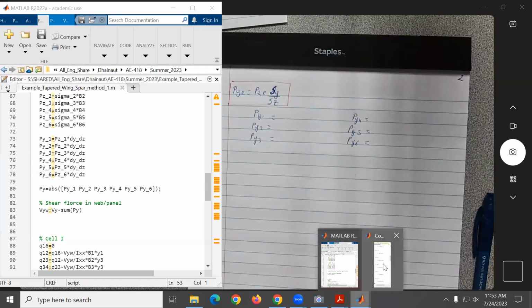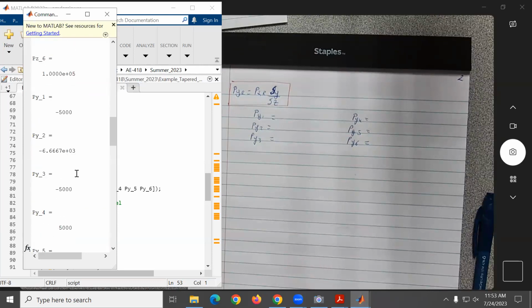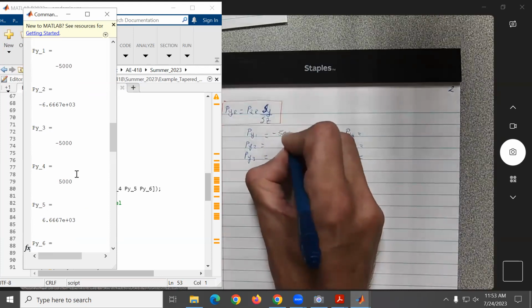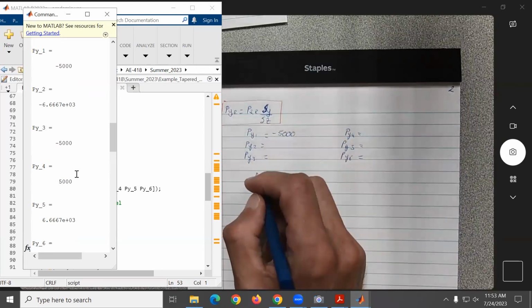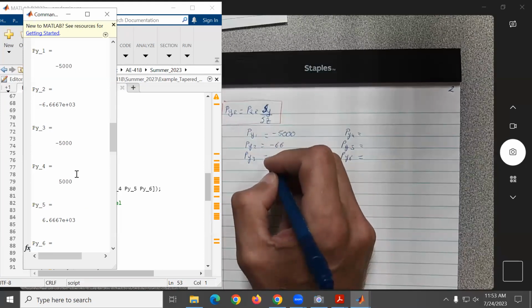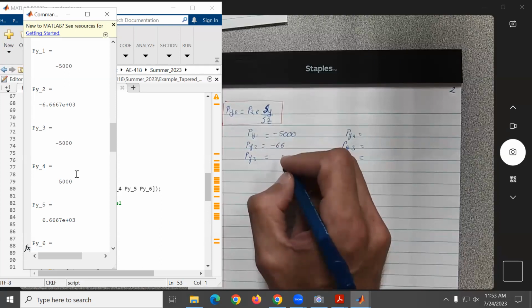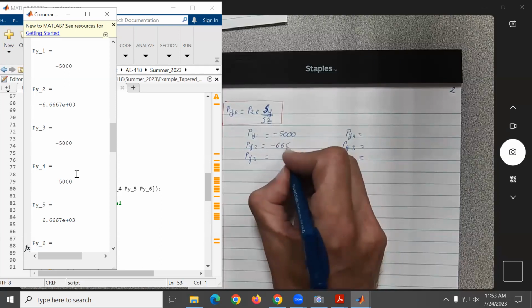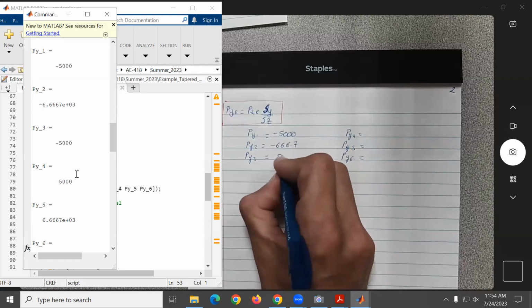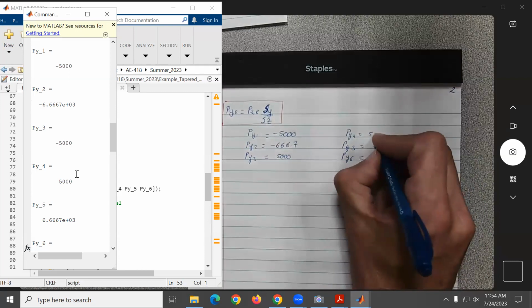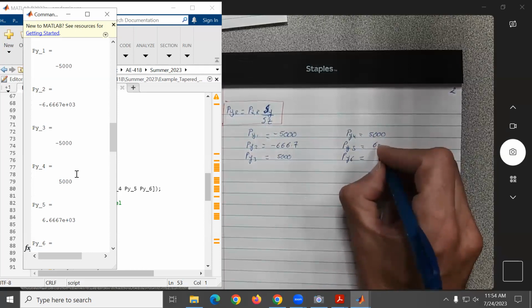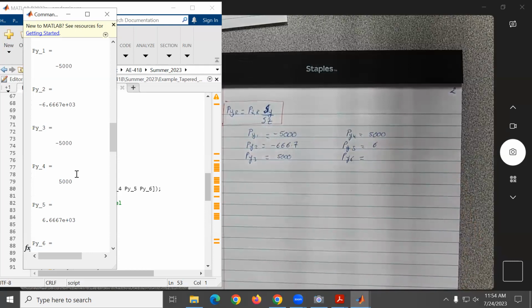And this should be equal to, here we go, minus 5,000 minus 6. So I guess it's minus 6,366.7. 5,000. 5,600. Oh, 600, 6,000 should be 6.